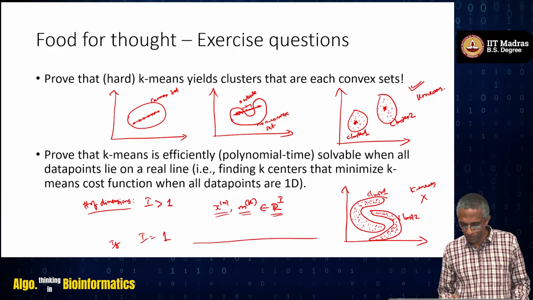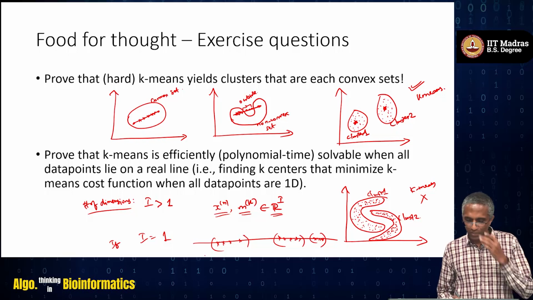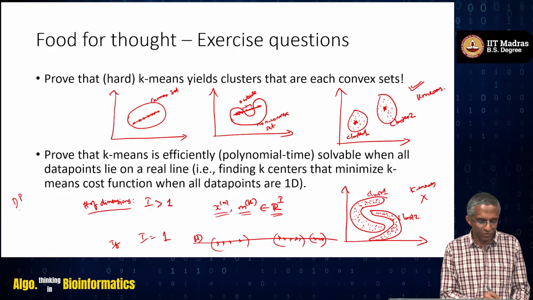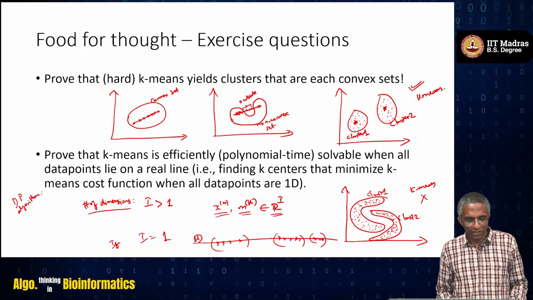you have a set of data points on the number line, and you want to cluster it into 3 means or 2 means and so on. Then this kind of clustering, these 3 clusters in 1D, can be done efficiently in polynomial time using the idea of dynamic programming. So, a DP algorithm is possible and we are just going to leave it at that.